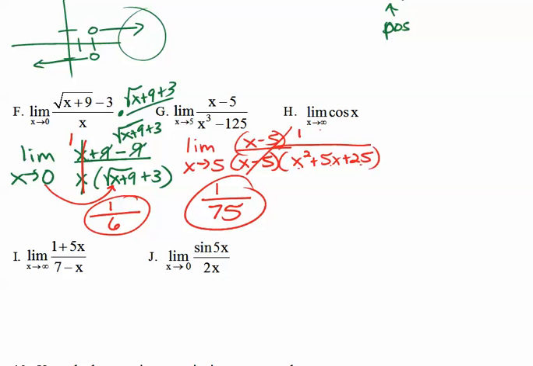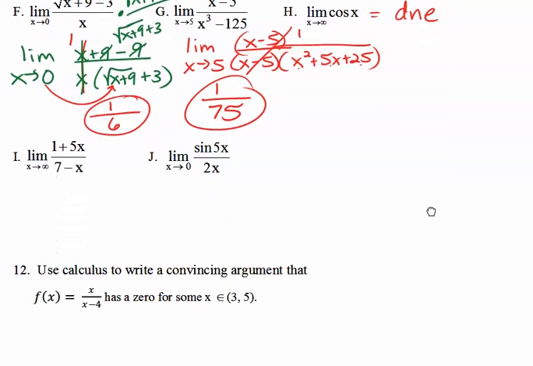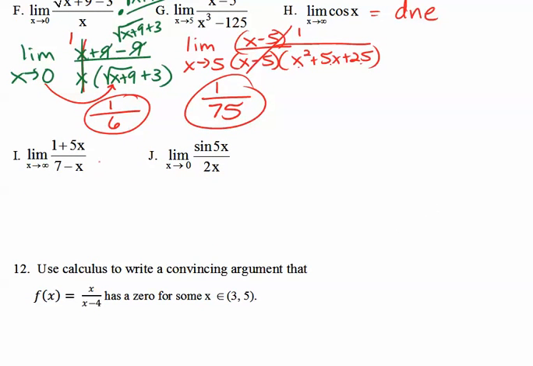The limit of cosine as x goes to infinity: well, cosine has boundaries of -1 and +1, but it never approaches it as an asymptote, so the limit does not exist. In letter I, the limit as x goes to infinity, this is a right end behavior question for a rational function.